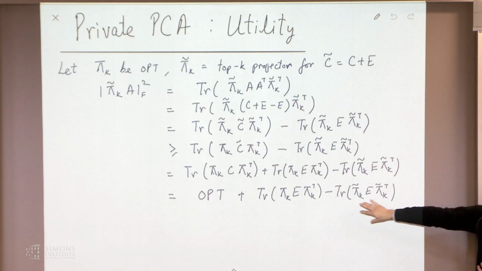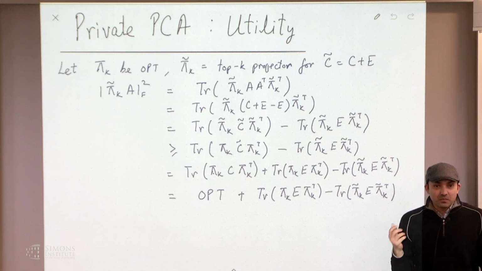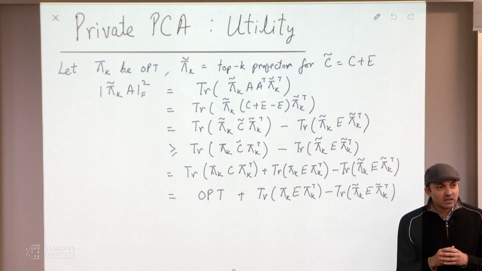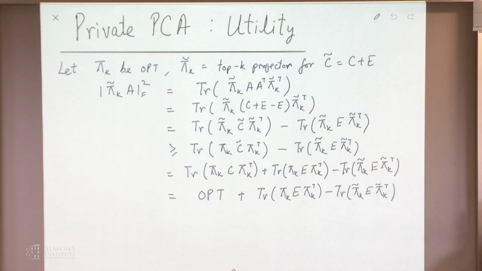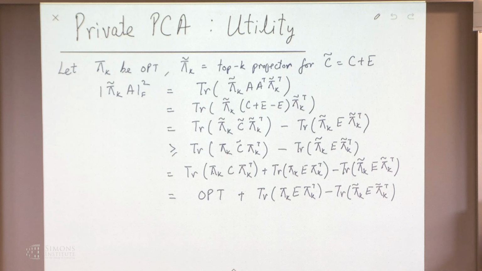The nice thing about this is that this E is a matrix that I chose, and it does not depend on the number of points in the data set. It doesn't depend on A. It's just a random Gaussian matrix. So now I can bring in one of the very powerful but relatively standard tools from random matrix theory, which basically says that a random matrix E essentially has all eigenvalues roughly square root of d.